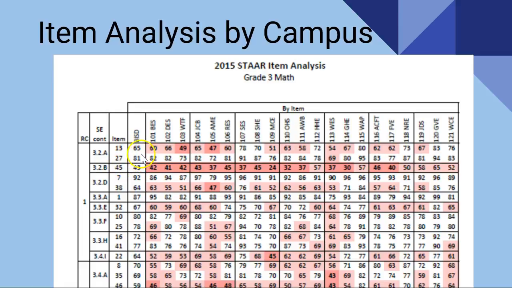So you can see that there's a difference between number 13 because that is one of the ones that our campuses struggled with in some cases. So you can see that item number 27 was easier for most of our campuses. So you might look at that text and see what part of the text was actually tested that was more of a struggle for some of our kids.